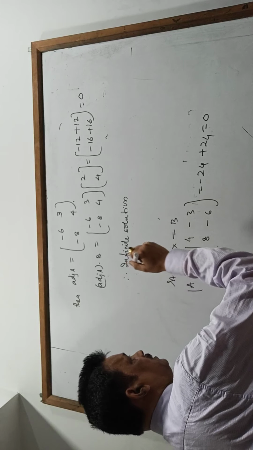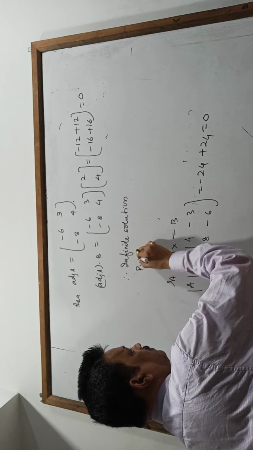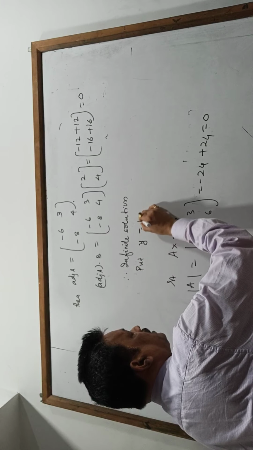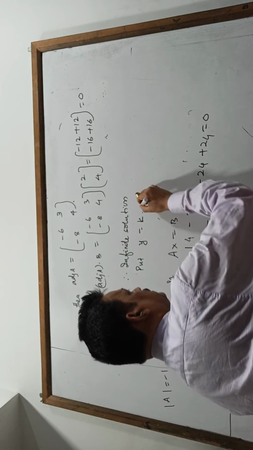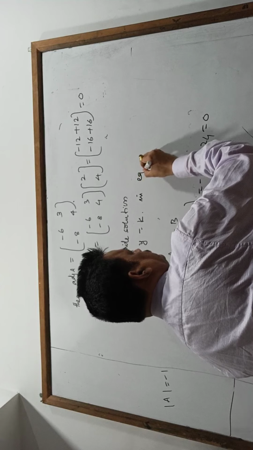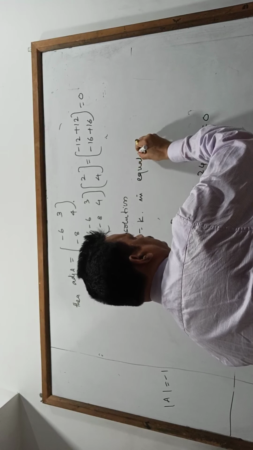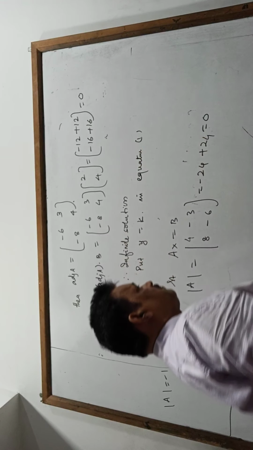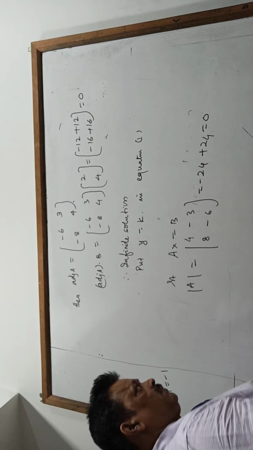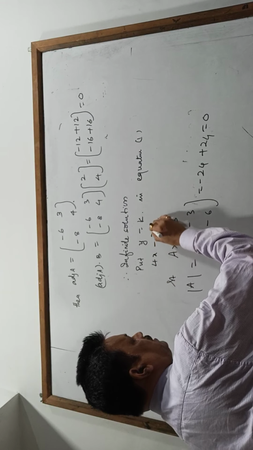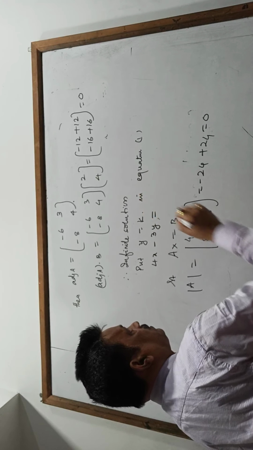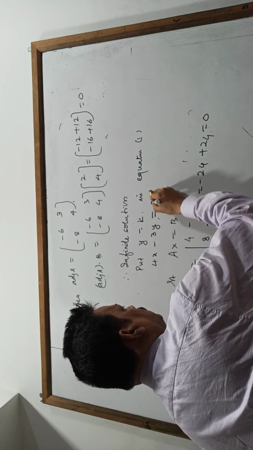So what you have to do is put y equals k. Where you are going to put? In equation number 1. What is equation number 1? Now 4x minus 3y equals 2.